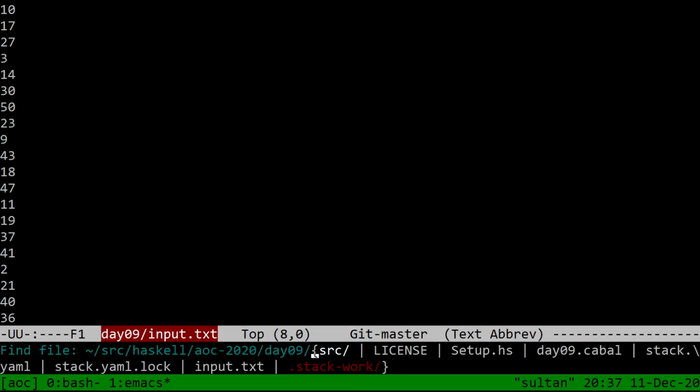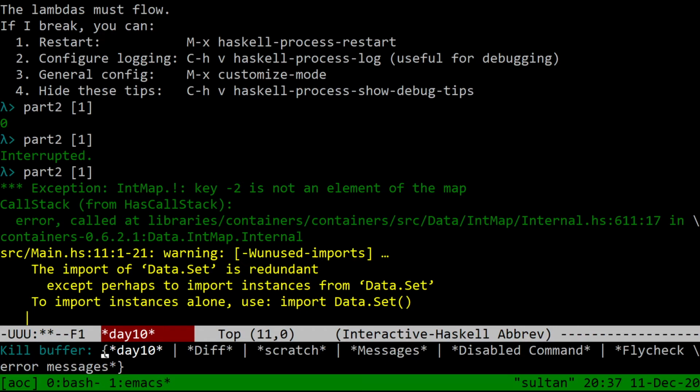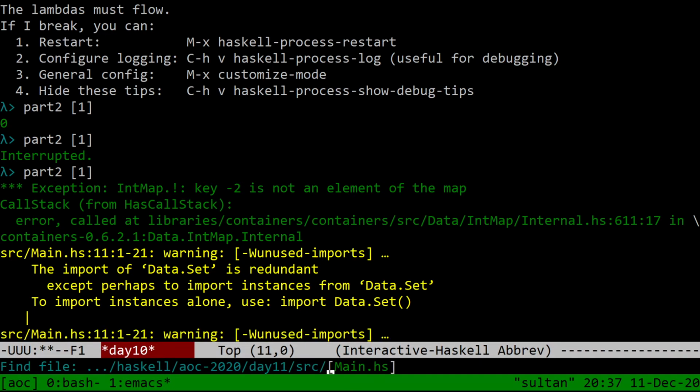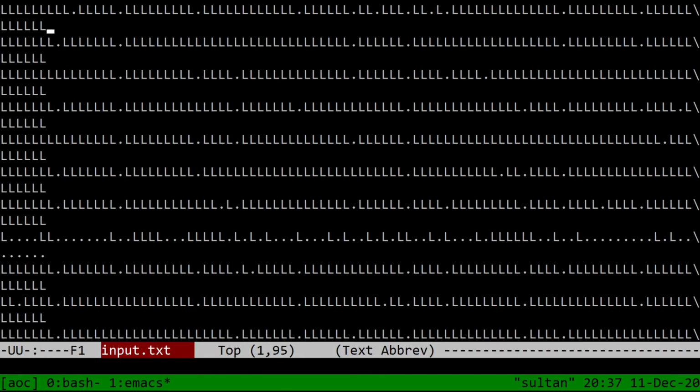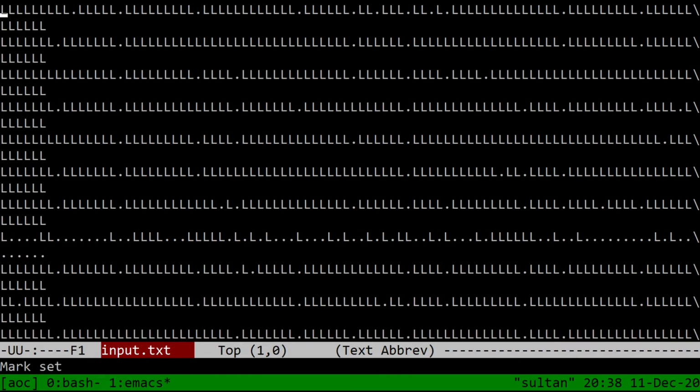I might as well kill that buffer, right? And that one, and that one. All right. Why is that one still there? No, that's fine. We go back to day 11, and we can look at source, and we can also look at our input, which is 95 by 91. It's a little confusing because it starts with 0 here and 1 in the rows, which I never noticed.